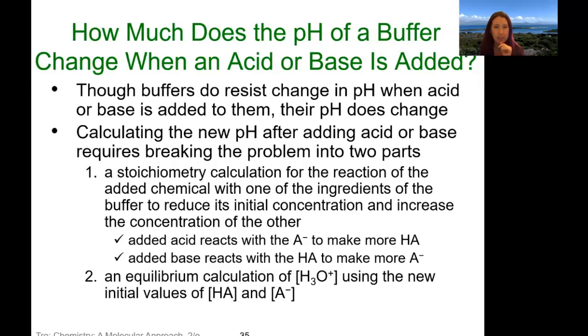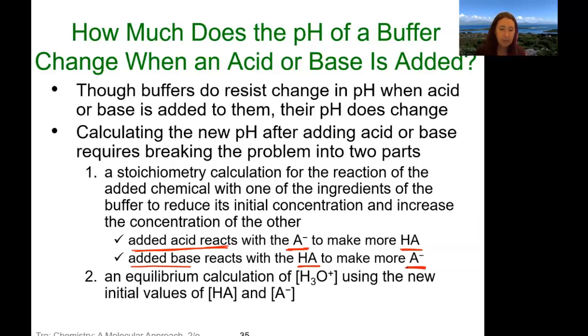So we sort of talked about this at the beginning. We're going to practice this using Le Chatelier's principle. So I'm going to read it here, but it's not going to mean anything until we actually do it. So if we add, the added acid reacts with the A minus to make more HA, just like the pictures with the boxes I showed you. If you add a base, it reacts with the acid to make more conjugate.